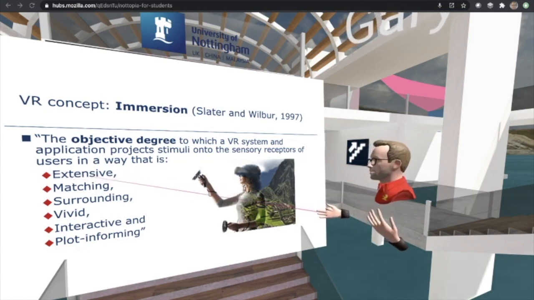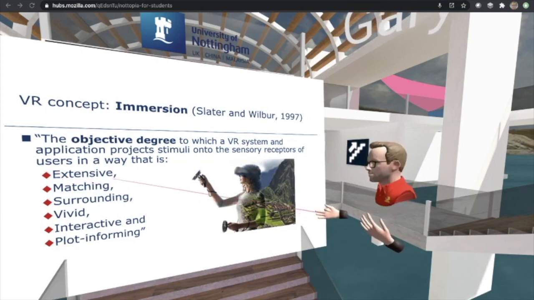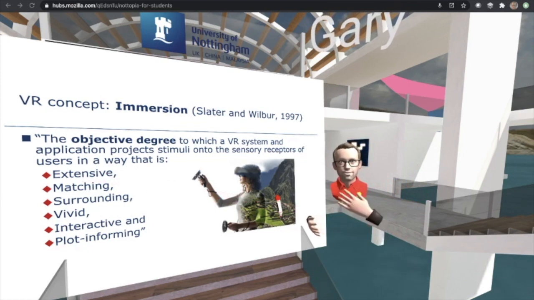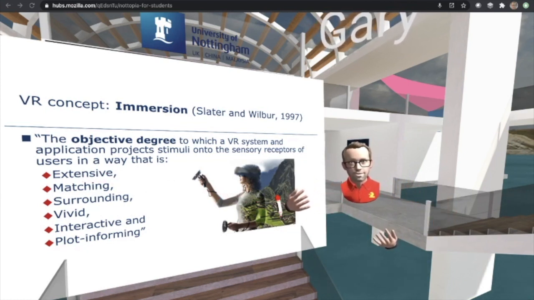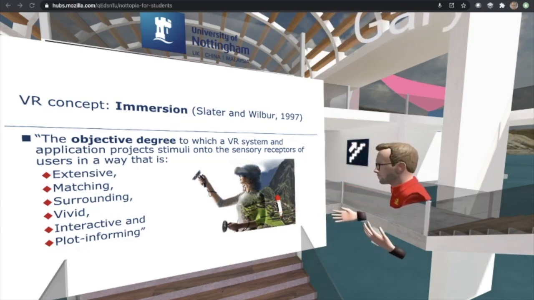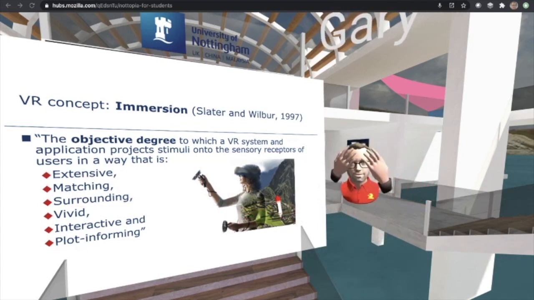So with high levels of immersion, we're working across a variety of different sensory modalities. It's matching, so you have a match between a real world equivalent and the virtual reality world in the way that something might happen. The sense of surrounding, so we're enveloping the senses.